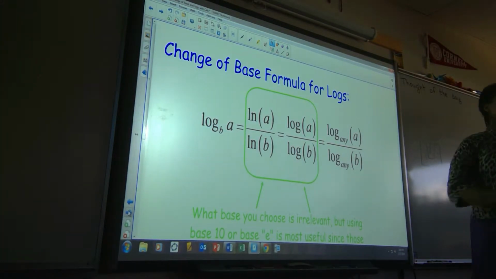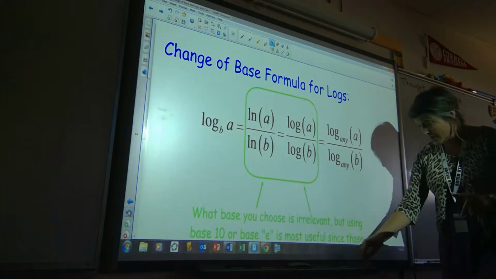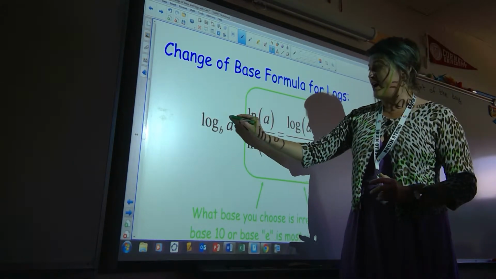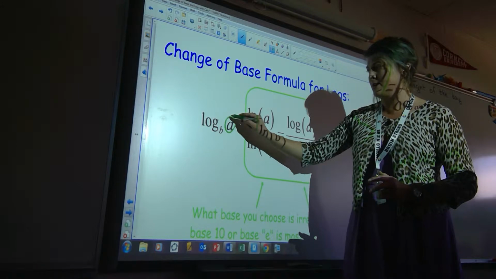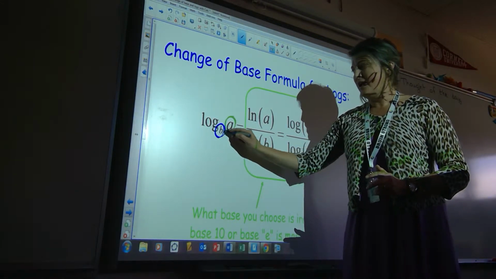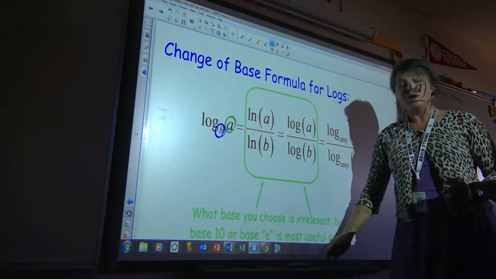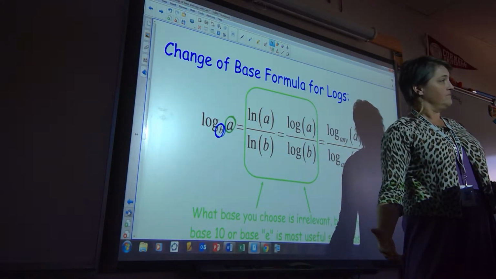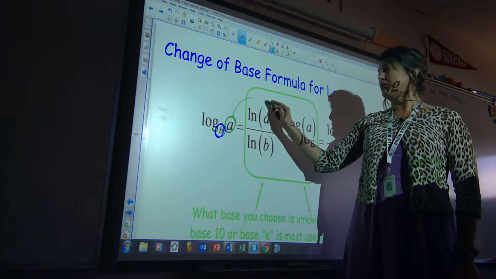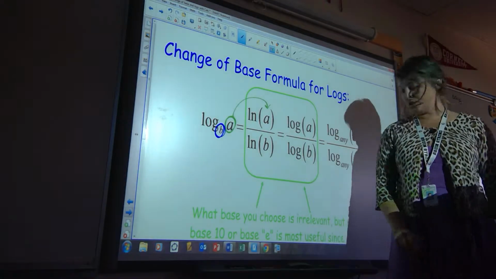So it looks complicated, but it's really not. If you have a log and you've got an argument that's one number and a base that's another number, you're going to create a ratio. You're going to give the A its own log and put it on the top of the ratio.